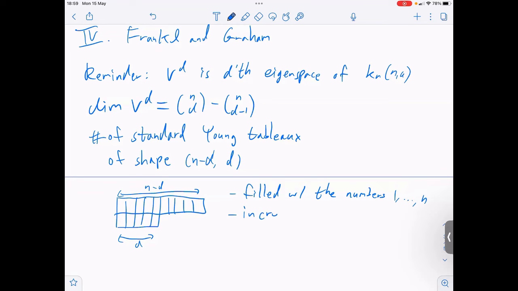It's increasing to the right, and it's increasing down. So it's increasing as we go in this direction and also in this direction. So this thing is counting the number of Young tableaux. And representation theory also gives us a form of a vector in this Specht module that we can describe explicitly.